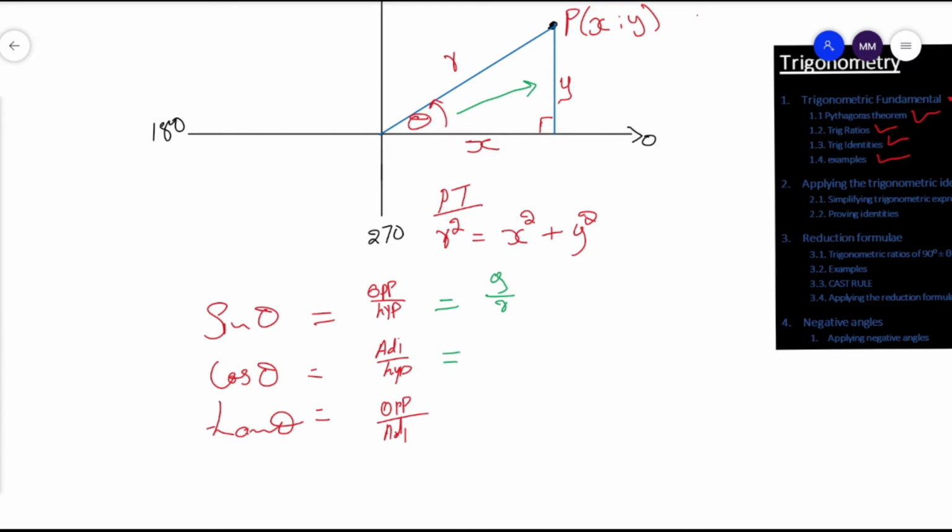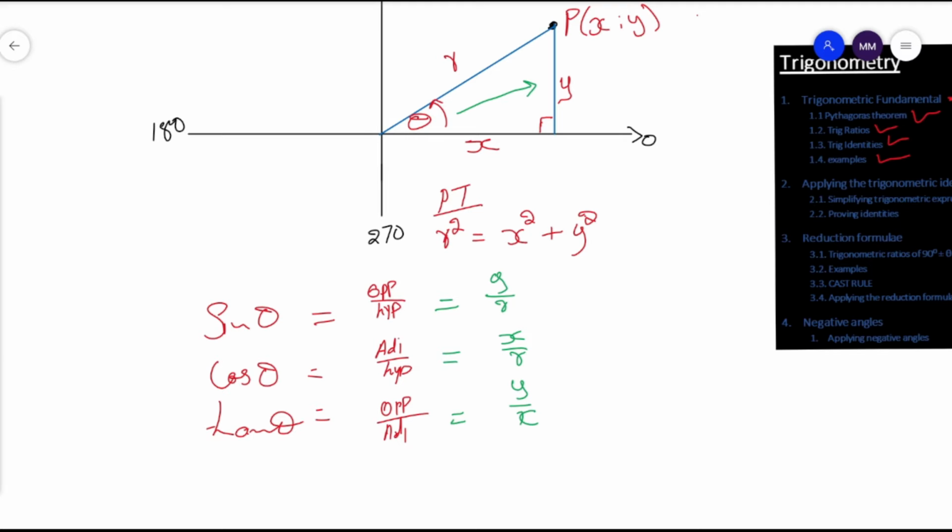And then the cos theta will be adjacent, which just means the side next to the angle in question, which is theta, so it will be x over the hypotenuse r. Tan would be y over x. So these in this episode are the trig ratios that we're going to be focused on.